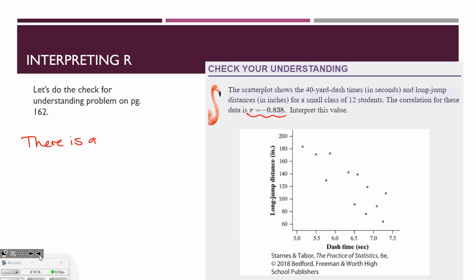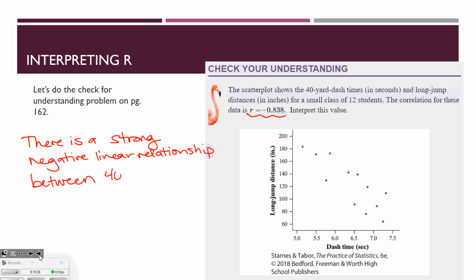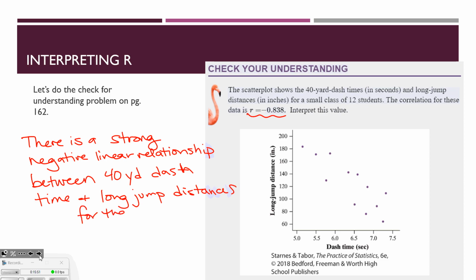There is a strong negative linear relationship between the 40-yard dash time and long jump distances for these 12 students.